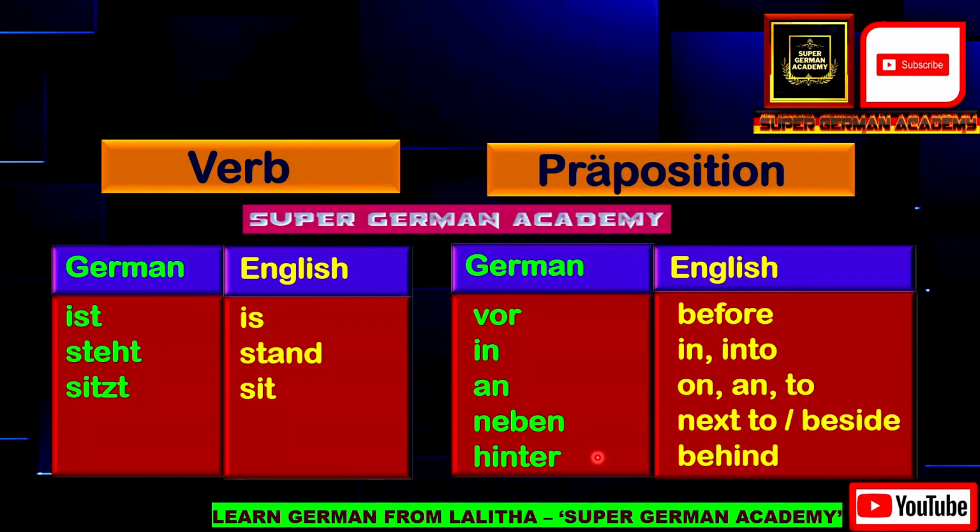Behind is hinter. Suppose the cup is on the table, the boy sat next to the table, or the tree is behind the house. These are the prepositions in English, and vor, in, an, neben, hinter are the prepositions in German, and you will use these verbs and prepositions in the sentences.